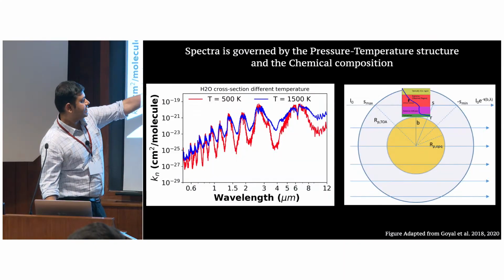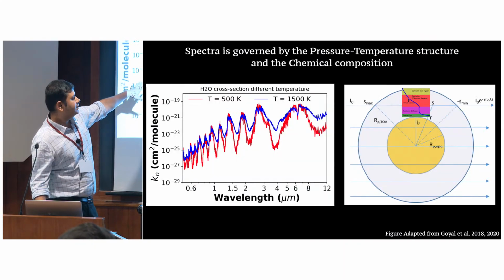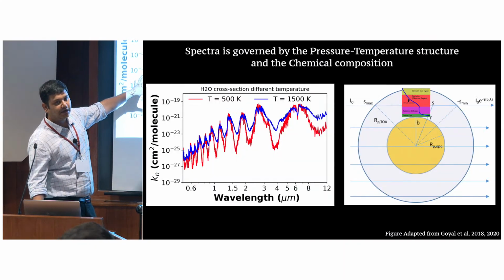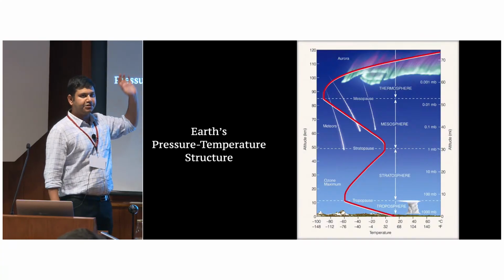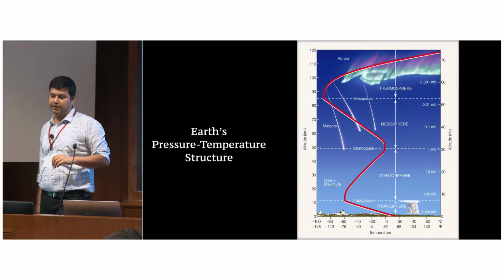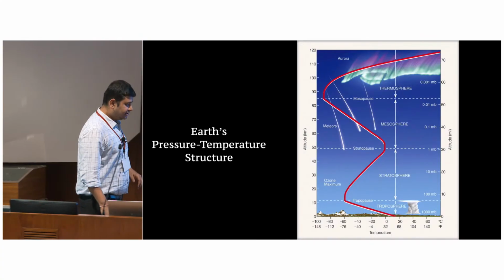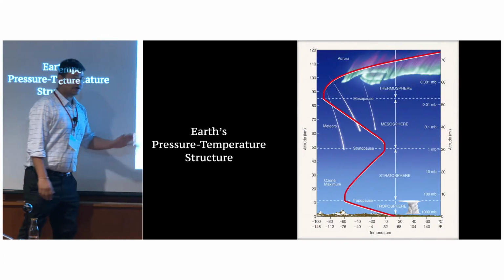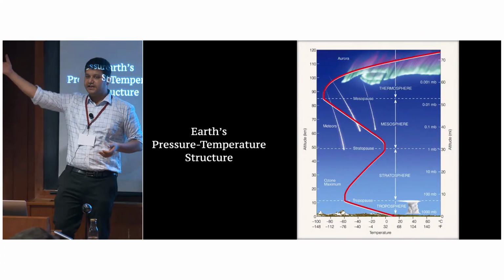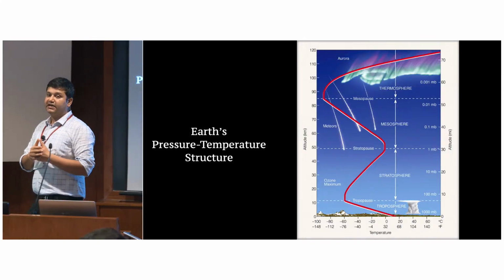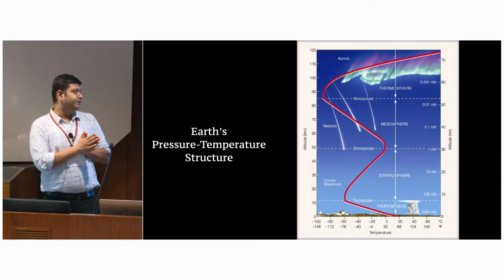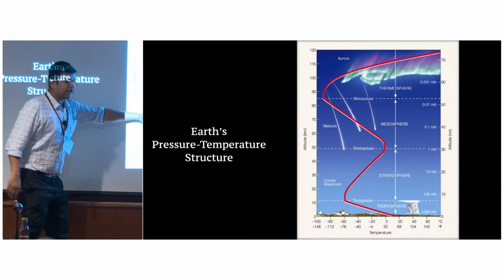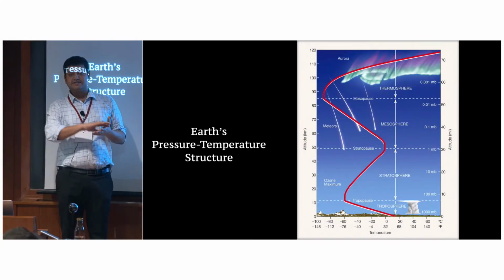Using this understanding that different gases have different cross sections at different temperatures, we can measure the temperature structure of exoplanets which are so far away. This temperature structure will govern whether there will be rainfall, whether clouds form, whether the temperature will be enough for life to evolve, and whether there will be a thermal inversion that leads to formation of a stratosphere.